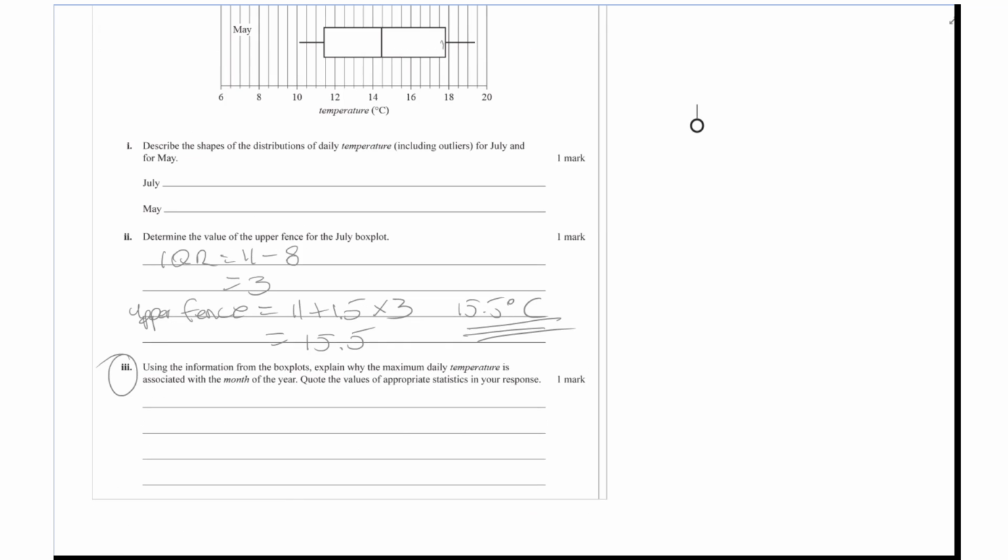For this one, the best way to talk about it is in terms of the medians. You'd want to reference them. So the maximum temperature median for May is 14.5, and for July, the maximum temperature median is about 9 degrees. That's how you make that reference.